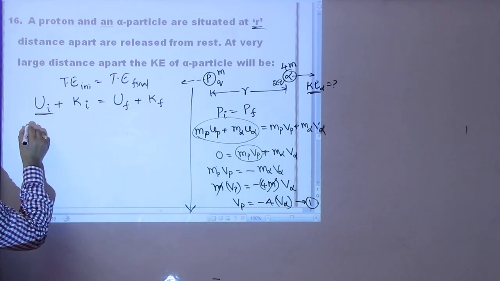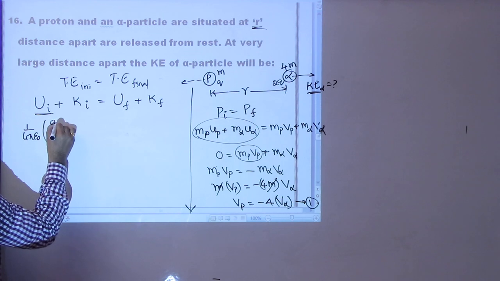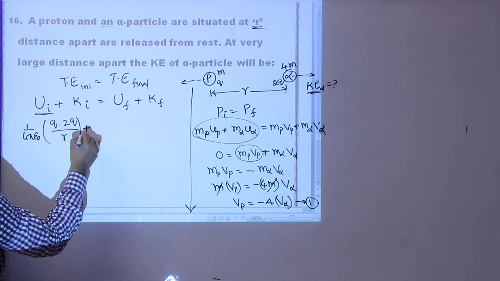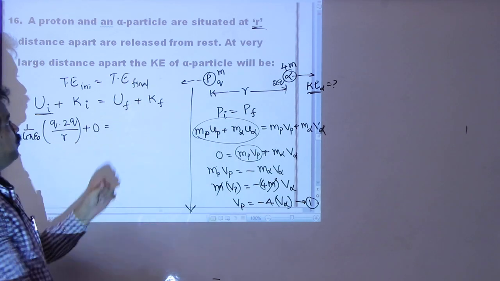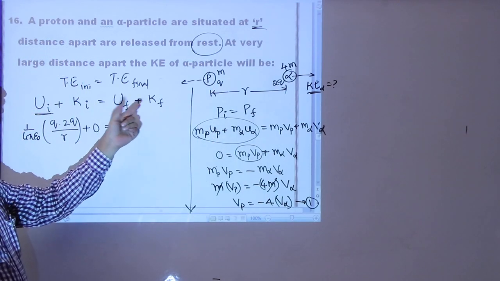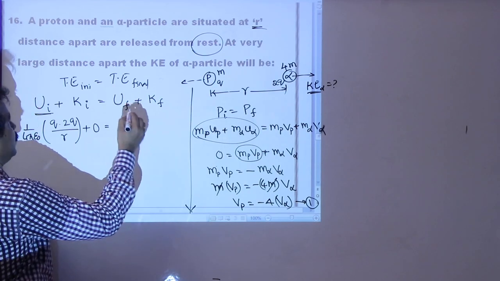So now the initial potential energy of this system is given by 1 by 4 pi epsilon naught, the first charge q, second charge 2q by r, plus initial kinetic energy is 0. Why? Because here both are at rest initially. Now, what is the final potential energy of the system of proton and alpha?